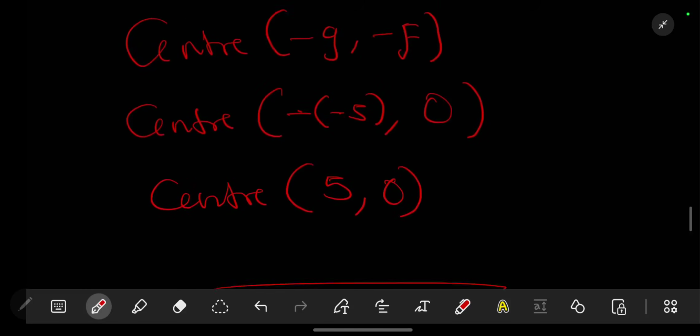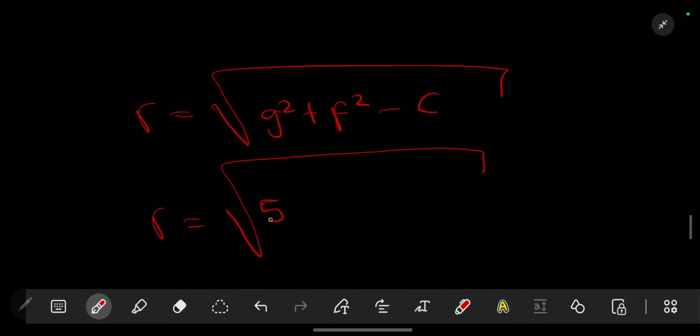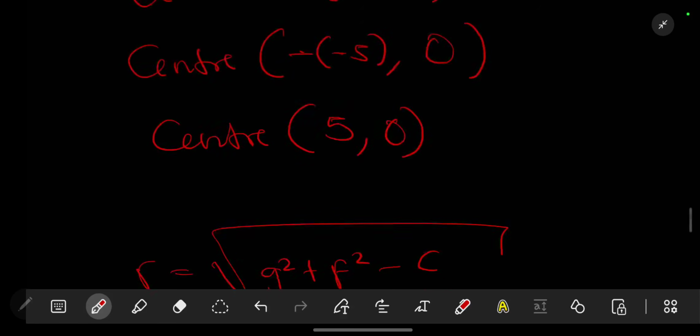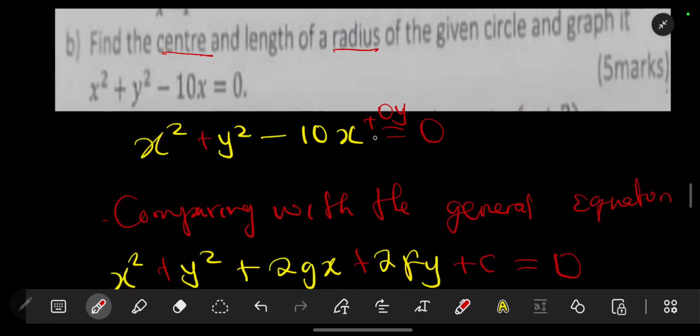G is 5, so we say 5 squared plus, what is our f? Our f is 0, minus our c. Our c is also 0. As long as it's not showing, c is a constant. If we had plus 5, that means that's the value of c. If you have plus 5 this side, you have to take it there. We just don't get it direct.